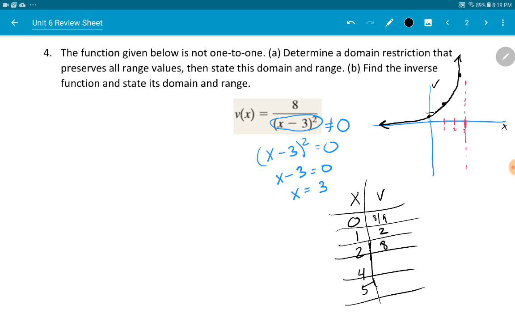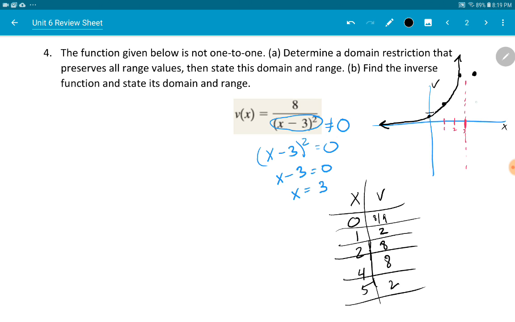Let's see what else is going on. On the right, let's put in a 4 for x: 4 minus 3 gives me a positive 1 squared, which is 8. So we're going to have the same kind of thing over on the other side. I plug in a 5 for x, I get 2 squared, which gives me 4, and 8 divided by 4 gives me 2.